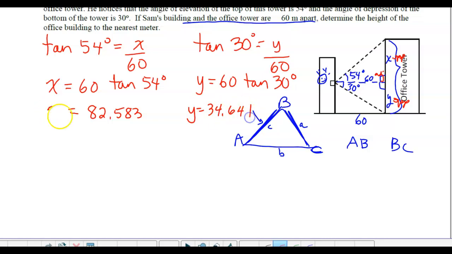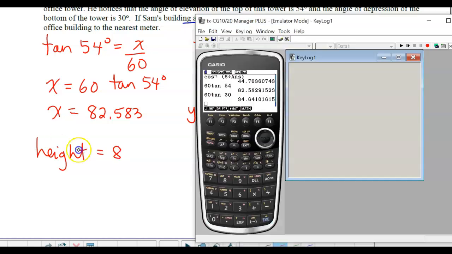So the height will equal the sum of those. Okay, so I can add, I'll just go add. So it takes that previous answer. Let's see if it'll work now for me.